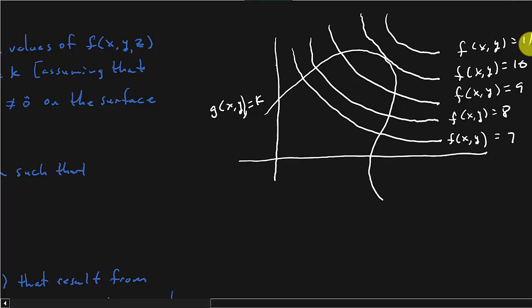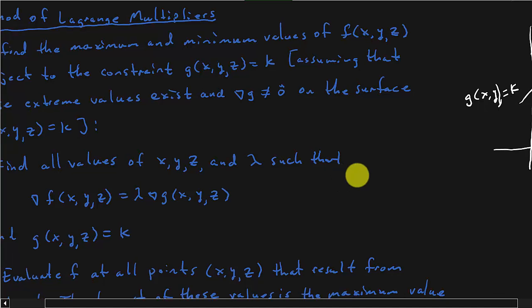And this is what you're doing: you're looking subject to the constraint that it falls on this g here. And this point right here, that would be your maximum. We have a value of 10 there. We wouldn't look at this one because it's not on this curve g here. All right, so that's basically what we're doing.